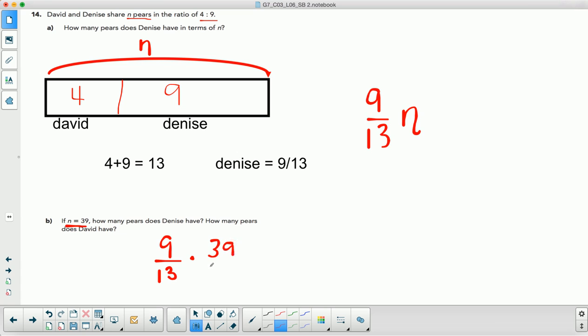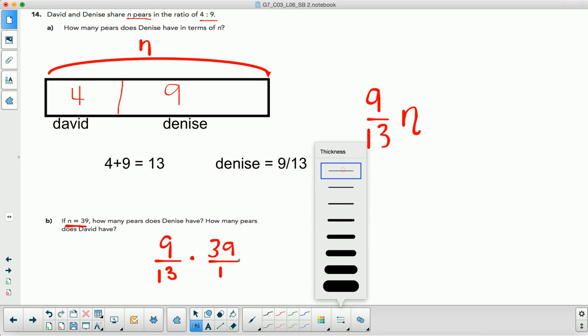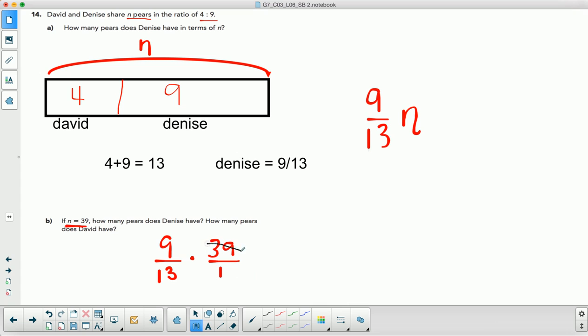When you're multiplying, make sure you add the 1. You may now cross cancel if you feel comfortable with it, or reduce later. So cross cancel 13 and 39. The greatest common factor is 13. 13 divided by 13 is 1. And 39 divided by 13 is 3.